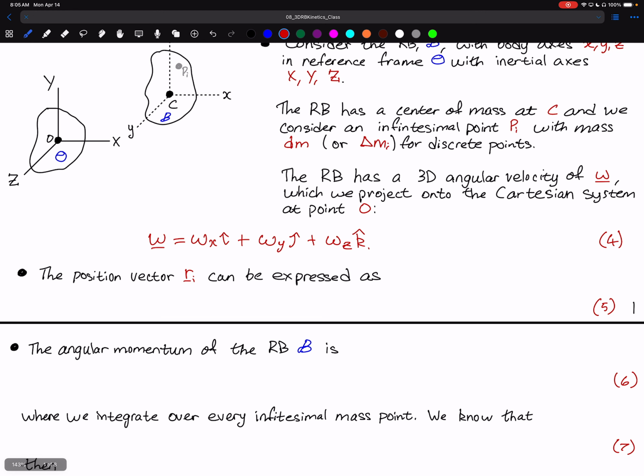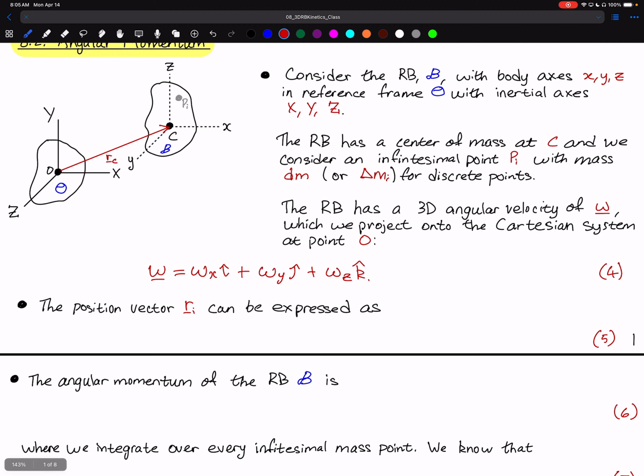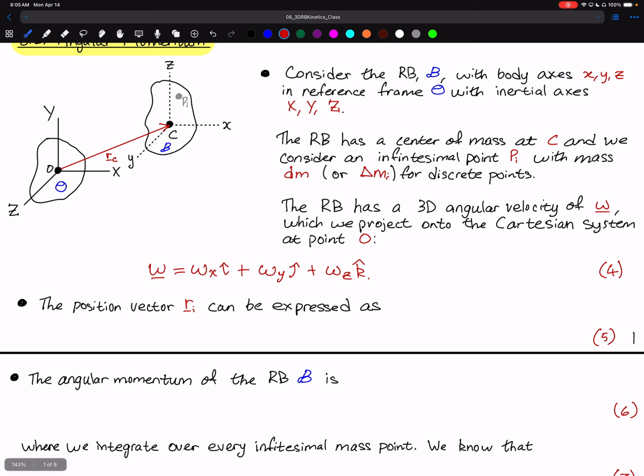We're going to draw a position vector from our origin to our center of mass. We'll call this R sub C. Draw a relative position vector from C to P_i. We'll call that R sub i, and we'll write that down in a moment.